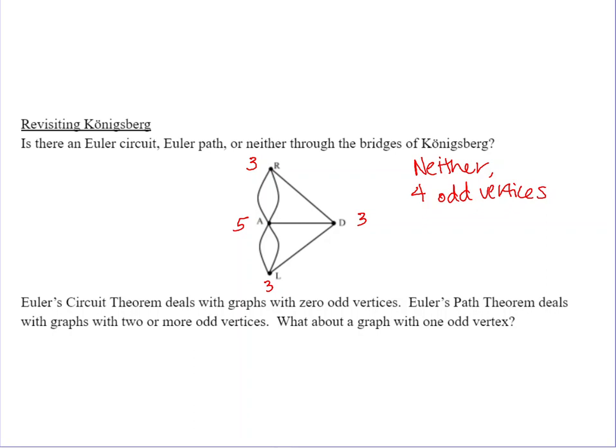So, Euler's circuit theorem talked about graphs with no odd vertices. Euler's path theorem talked about graphs with 2 odd vertices. What about graphs with 1 odd vertex?